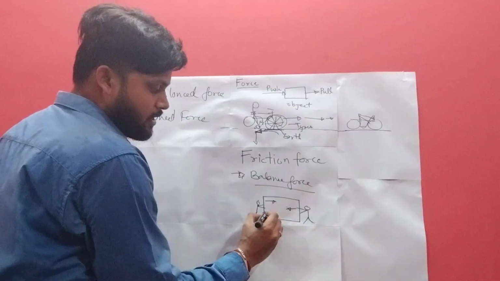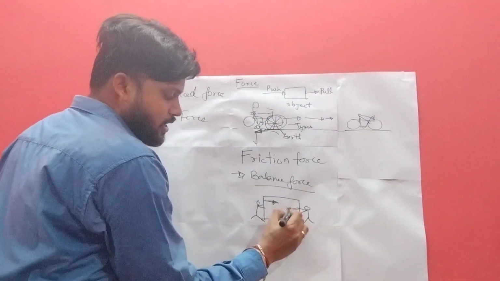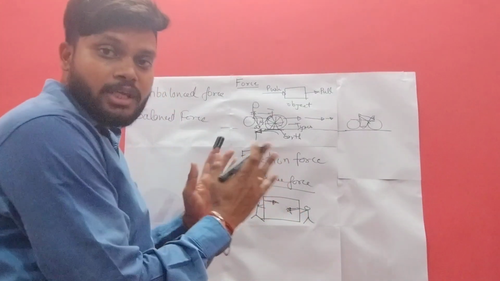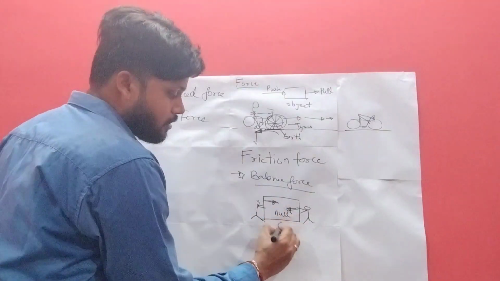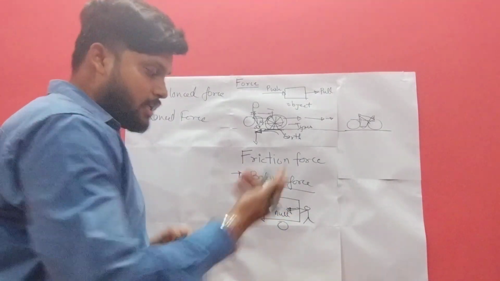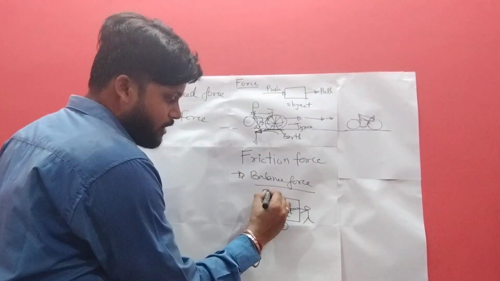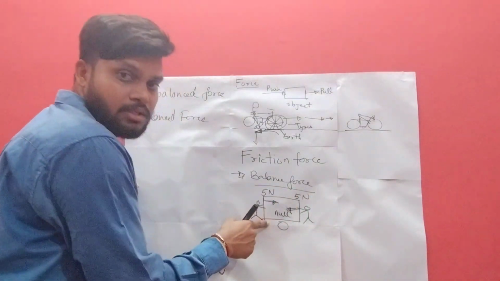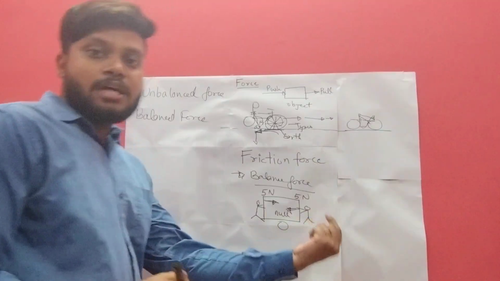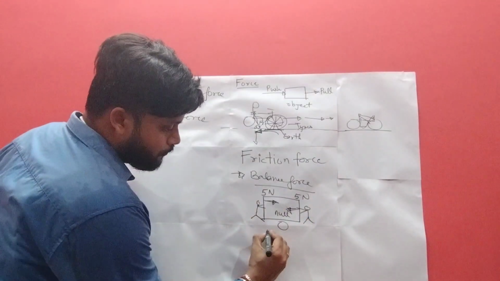Now what happens? Your brother's force and your force cancel each other and it becomes null or zero. Say you apply 5 Newton of force and 5 Newton of force is applied by your brother in the opposite direction.